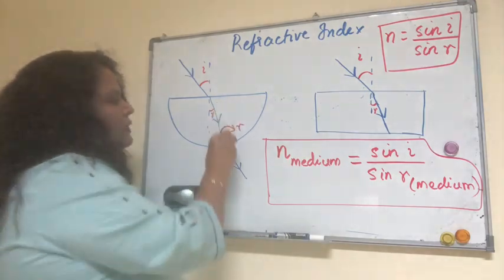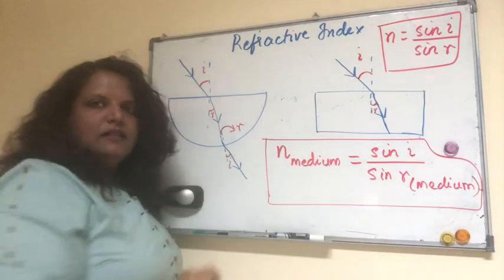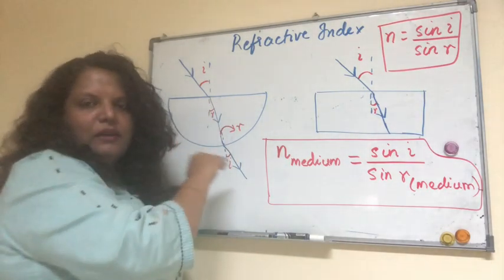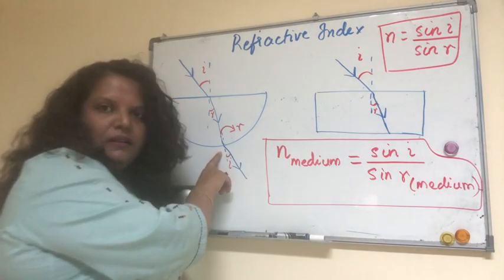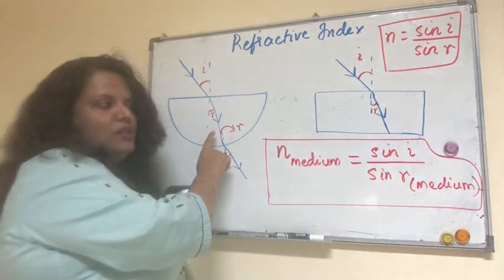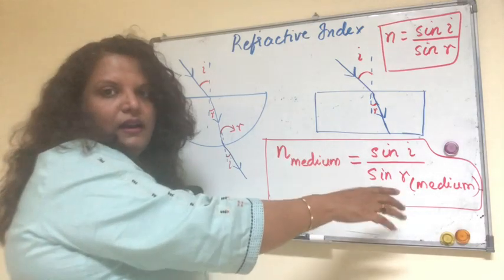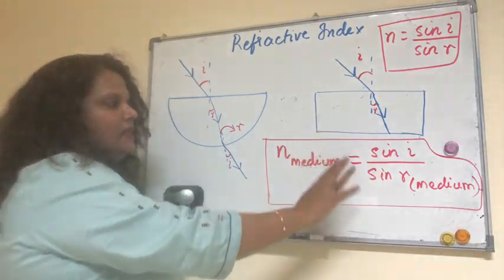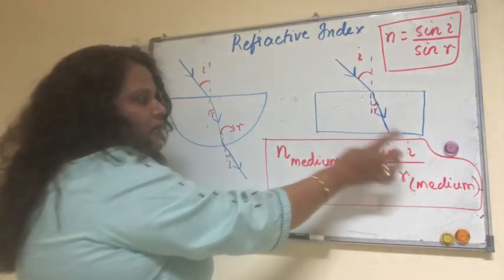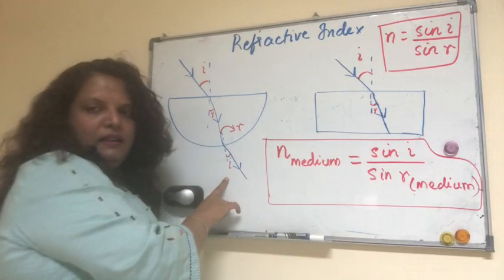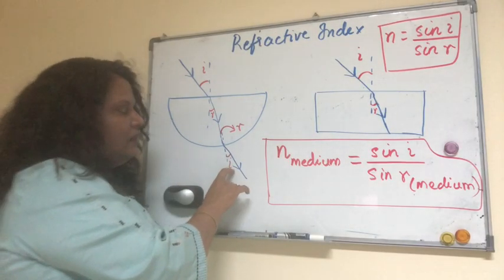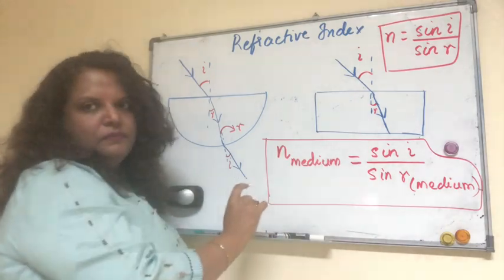Though the light is coming towards the normal here, as I said, you may have a tendency to substitute that as i and r, and you may go wrong in that. But what's the correct substitution? i is in the outside medium, it's here, but r is inside the medium.